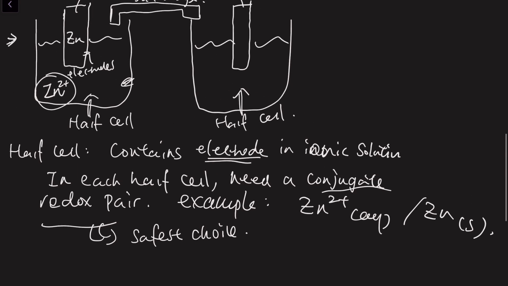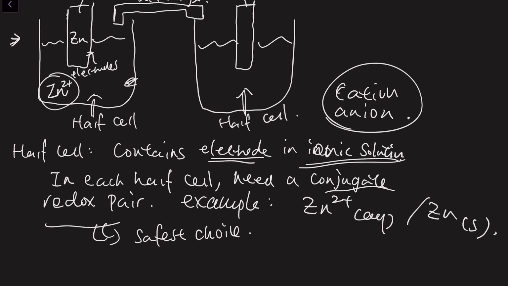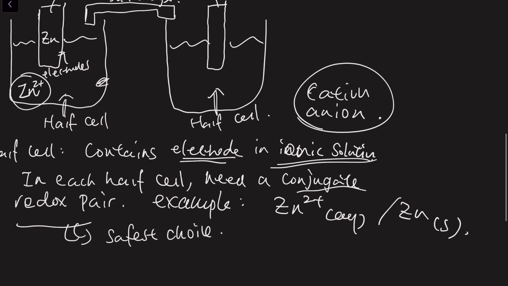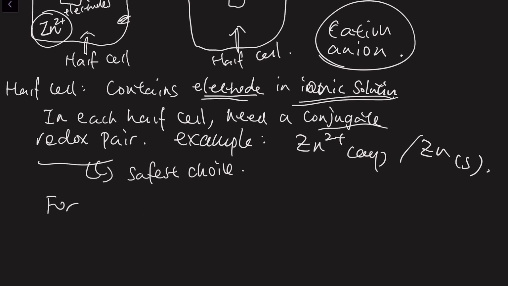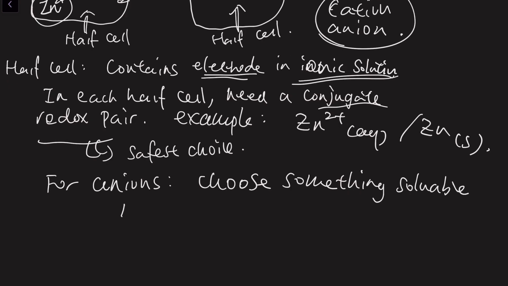And also we know that because we have an ionic solution, we need to have cations and anions. So what should you choose for the negative ion? You need to choose something soluble. From year 11 chemistry, you know that things like nitrate are usually soluble.